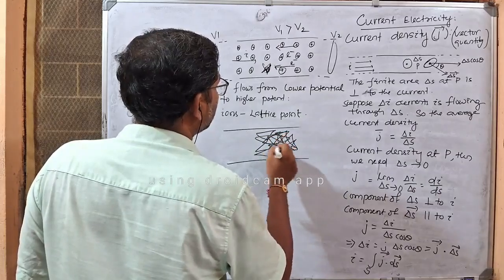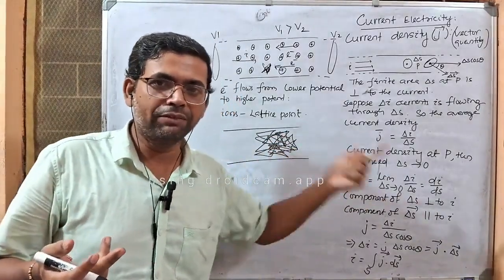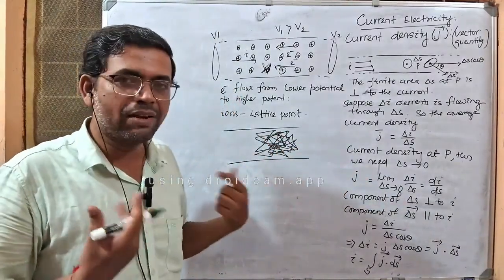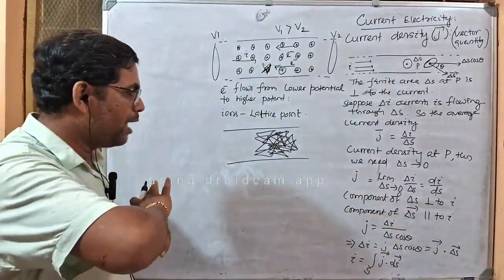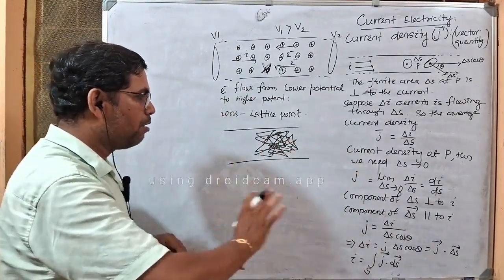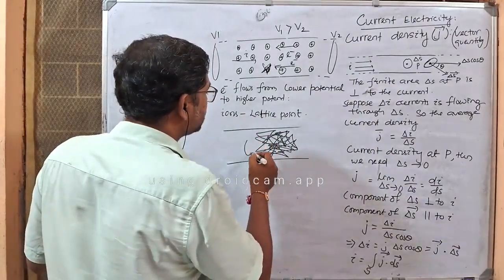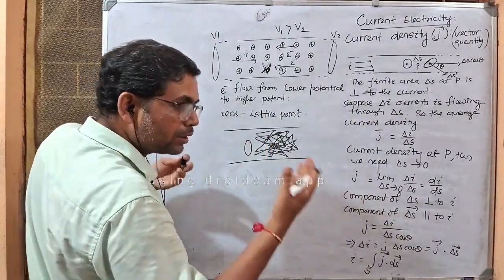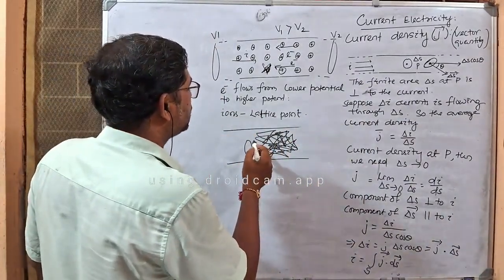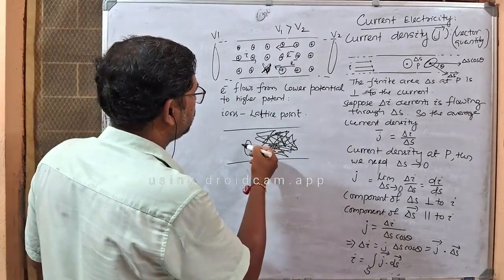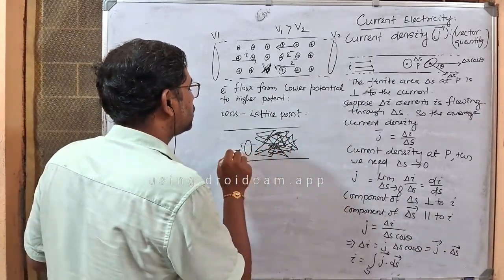But after a very long time, if you observe, their net displacement is zero. I have not given any potential difference, so they will not get any force to move in a particular direction. Their motion is completely random. Even if you consider any small area for some interval of time, the average number of electrons crossing the surface in this direction will be almost equal to the number crossing in the opposite direction.